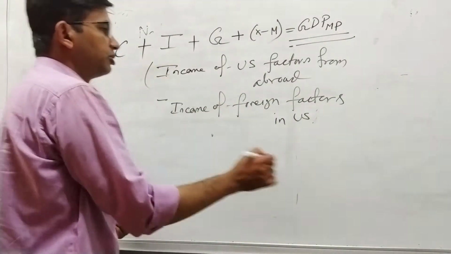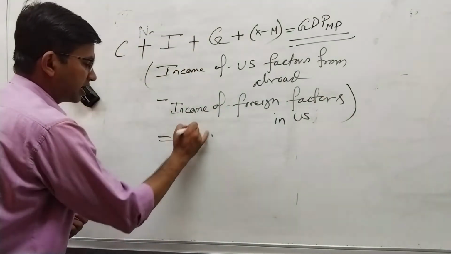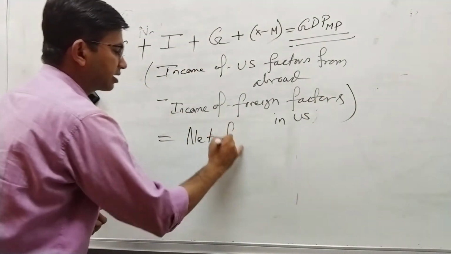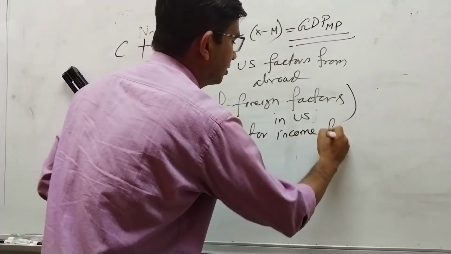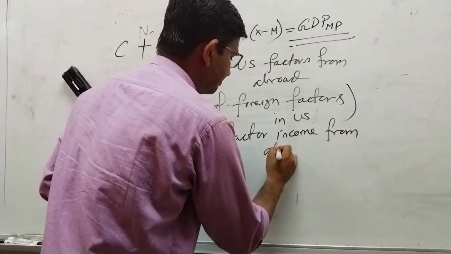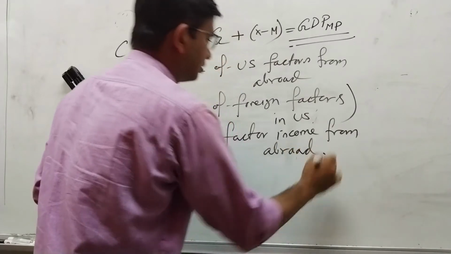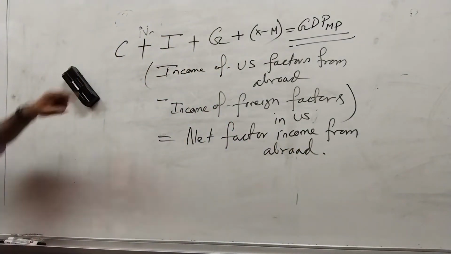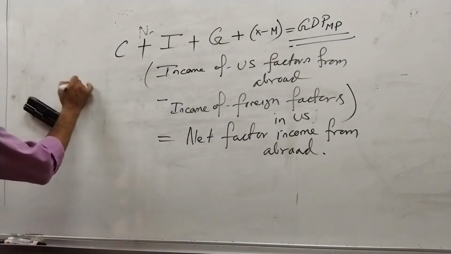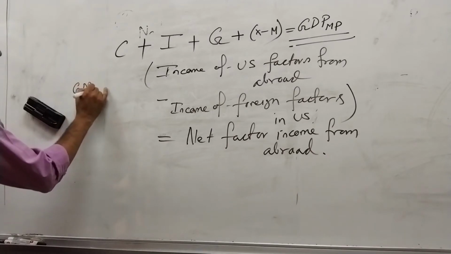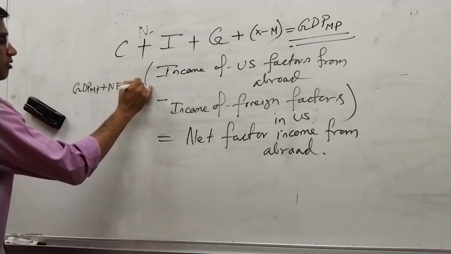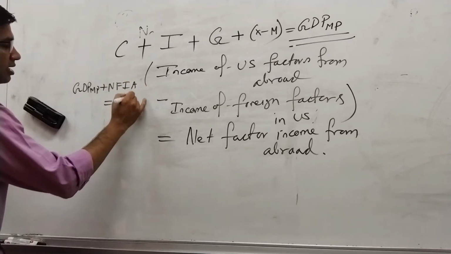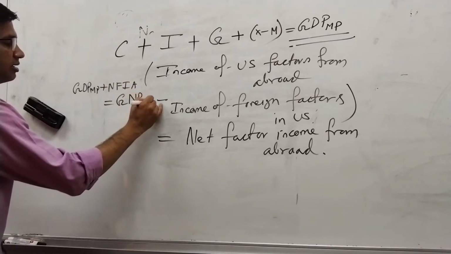So whenever we do this, this is known as the net factor income from abroad. So what do we do here? In this case, we will take GDP-MP, and whenever we add net factor income from abroad, we will get the term GNP-MP.